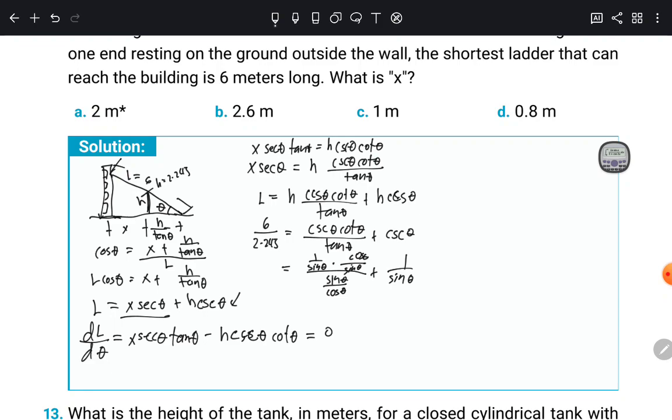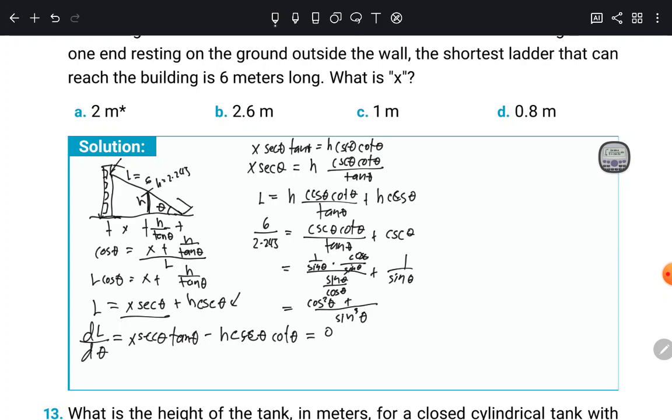And we can cancel out other things, but sine theta times sine theta, then multiply it again by sine theta here. So it will be sine cube theta. And then here we have cosine theta times cosine theta, so it will be cosine squared theta.